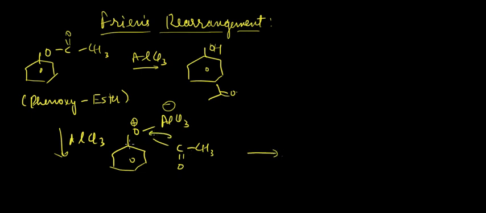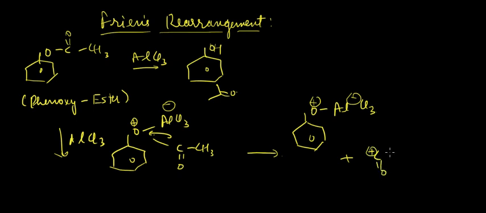This oxygen atom actually takes back the bond electrons from the carbon atom, making a positive charge at the carbon atom. And why would it be stable? That's a question for you guys to answer. We have this compound, why would it be stable? Obviously because of formation of an acylium cation.